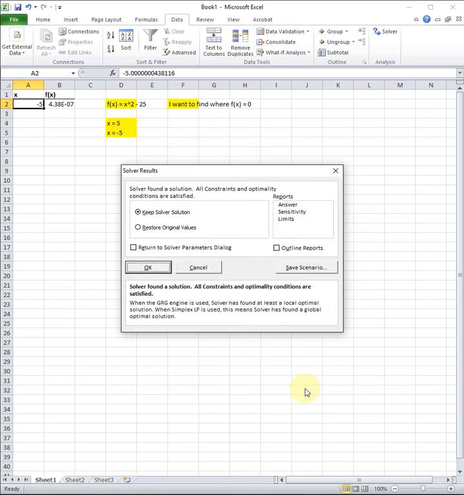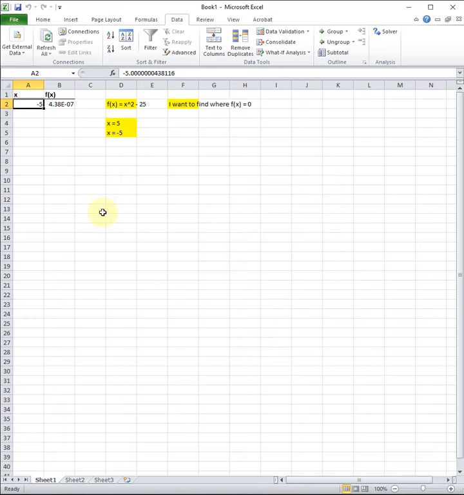And when I click Solve, what do you know? I get negative 5 now. So now the answer that Solver produces isn't positive 5 anymore, it's negative 5. And why is it negative 5? It's negative 5 because I've given Solver an initial guess that was different to before.